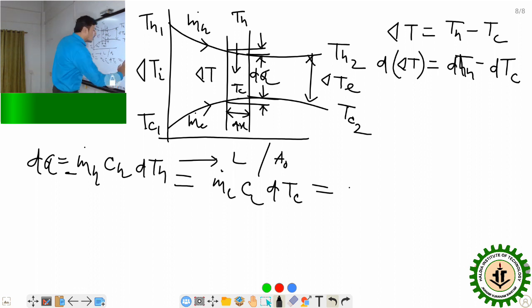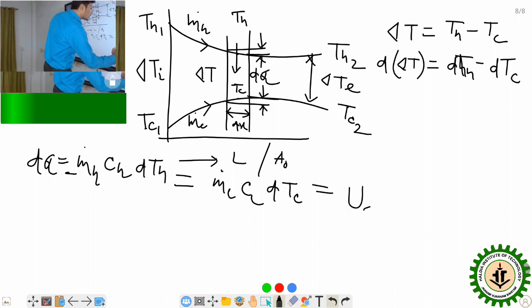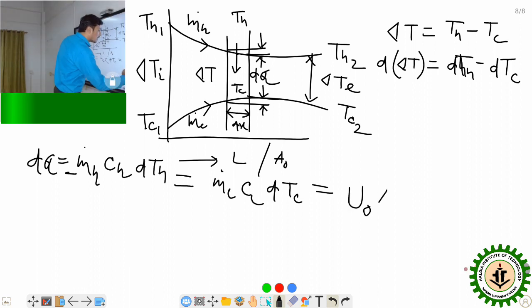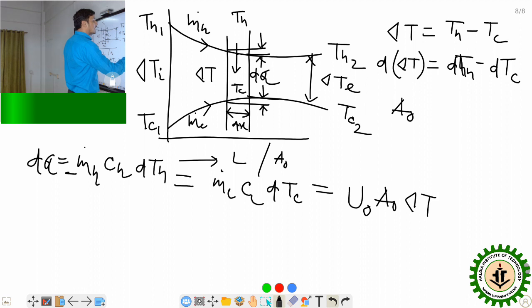Again it is related to the heat transfer equation between the two fluids, as per the heat transfer equation: U0 A0 del T, that temperature difference del T. Now A0 is the area. dA0 means the outside area of that elemental section, the outside area of that pipe.